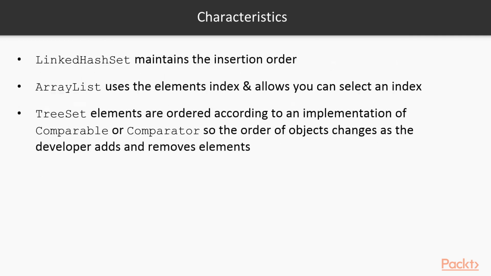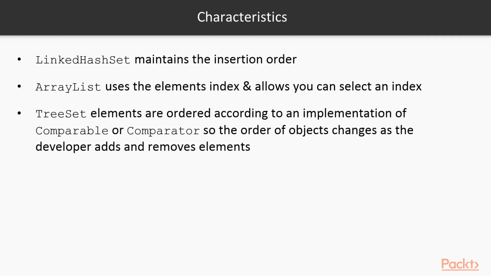The linked hash set, for example, maintains the insertion order. The array list uses the element's index and allows you to select and set an index when you are injecting an object in an array list. A tree set, however, is sorted.